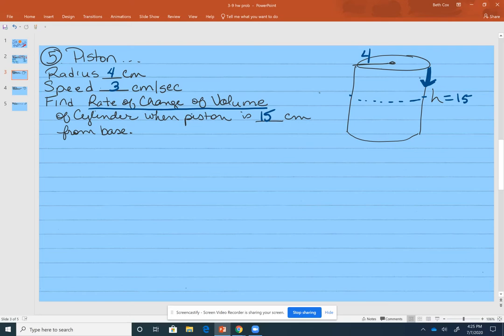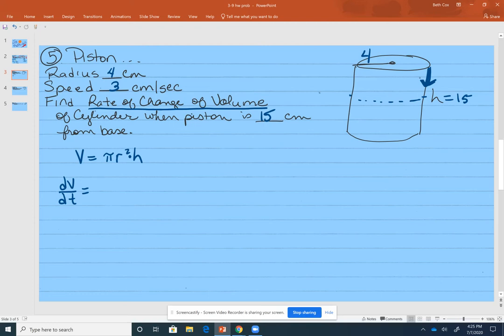All right, and so volume of a piston is what we're looking for. So our formula for volume of a piston is volume is pi r squared h. And we're actually looking for the rate of change of the volume. So we're looking for dv dt. Now this one, I'm going to need the product rule to do the derivative here.